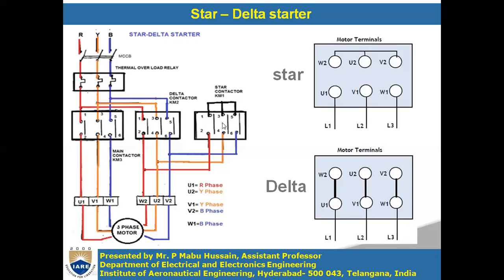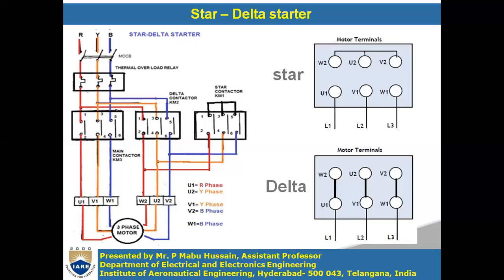Whenever you press the start button, first the main contactor and the star contactor have to energize, so that the motor is connected in star. Whenever the motor is connected in star, the windings will get low voltage supply and they will start running.